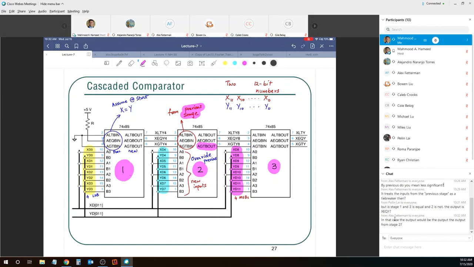So if this guy is active, this guy is active. And over here, if these are equal or not, because a greater than b will take effect. You guys see that?